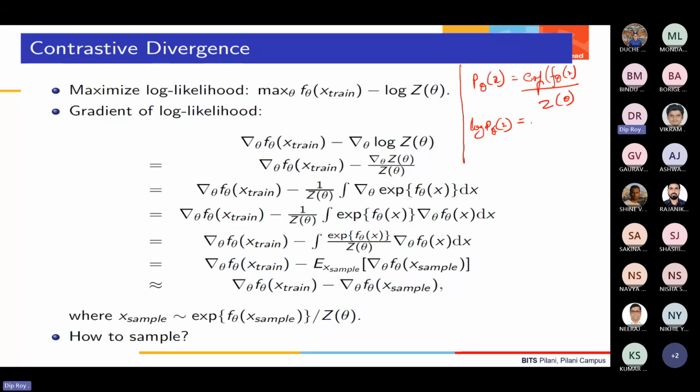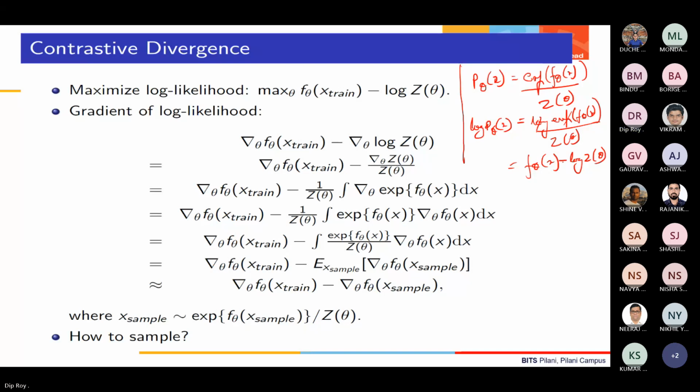This will be log of exponential f theta x divided by Z theta. The log and exponential will cancel out, and what we'll be left with is f of theta x minus log of Z theta.